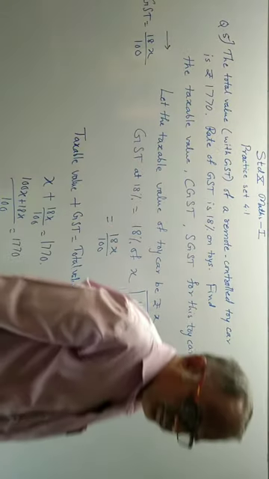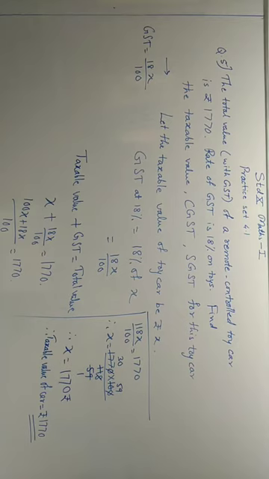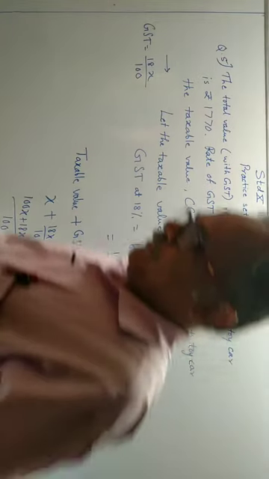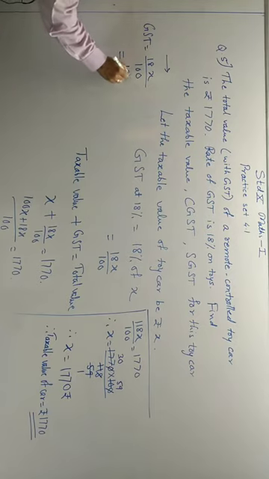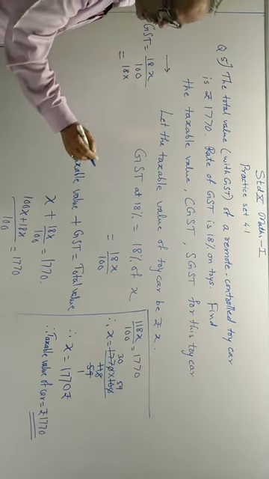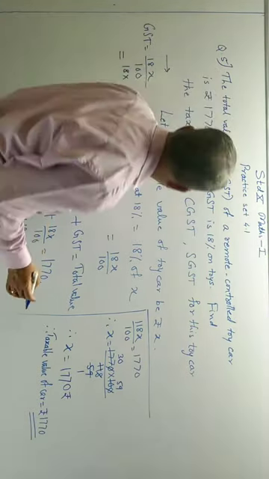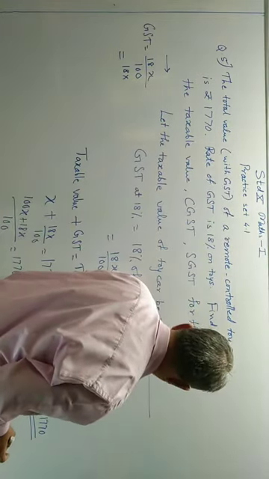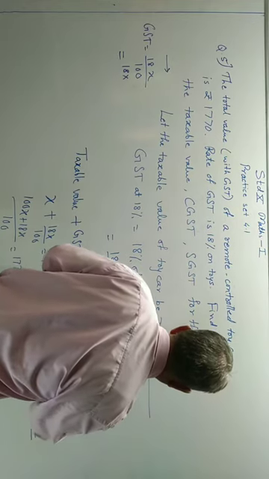Therefore, GST is equal to 18 into taxable value we get, 30 into 59. Not 59, it is 50 actually.